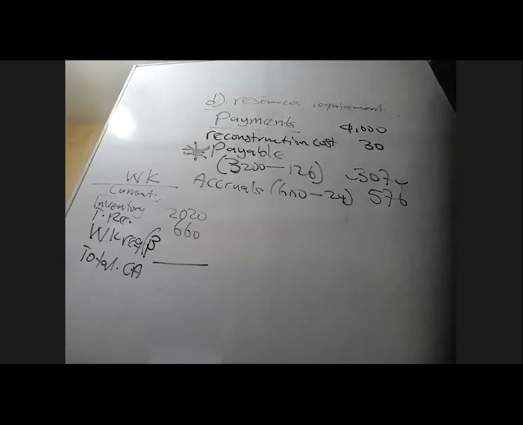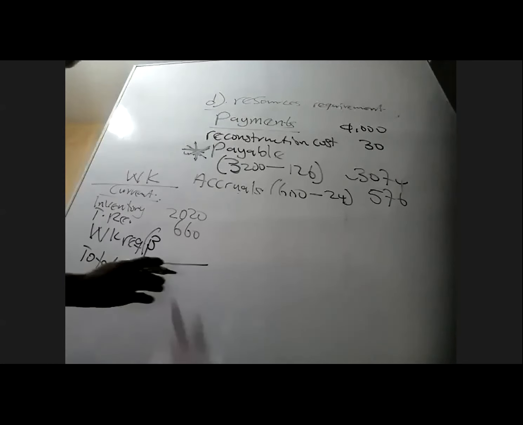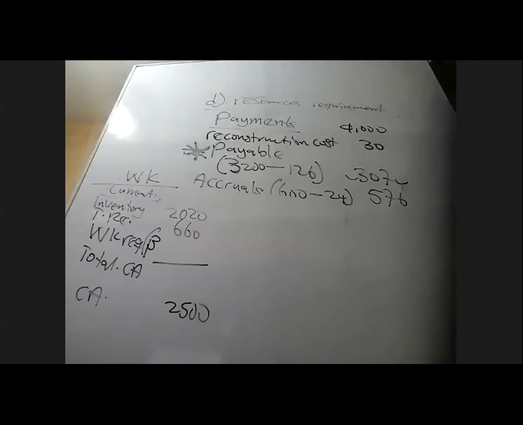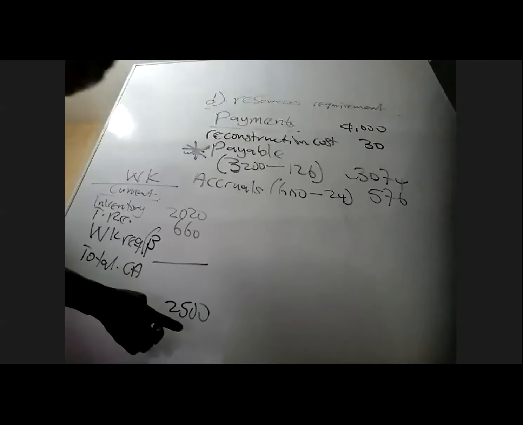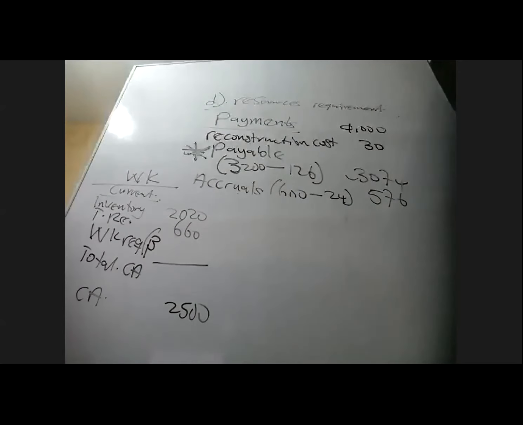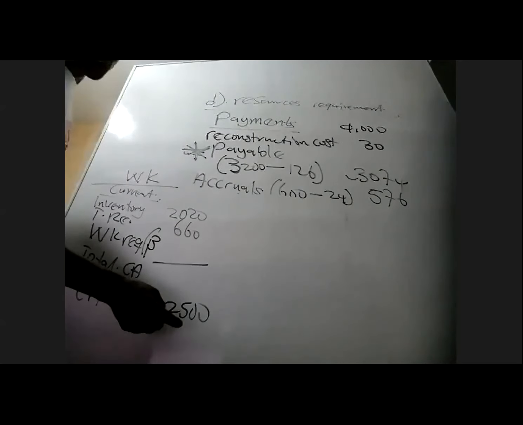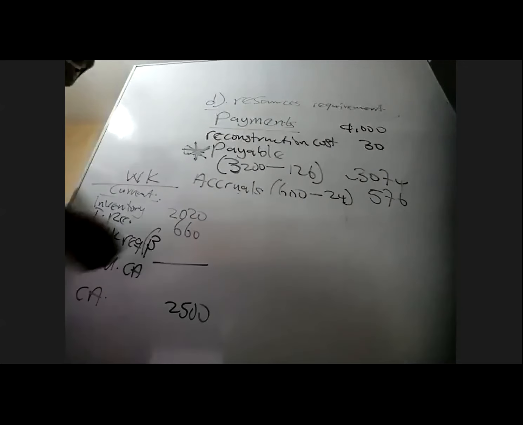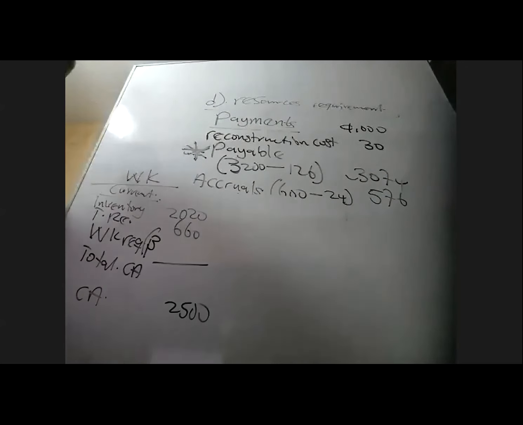So the only current liability that they have is 2,500, the bank overdraft. Now tell me, what do you think will be the total current assets?